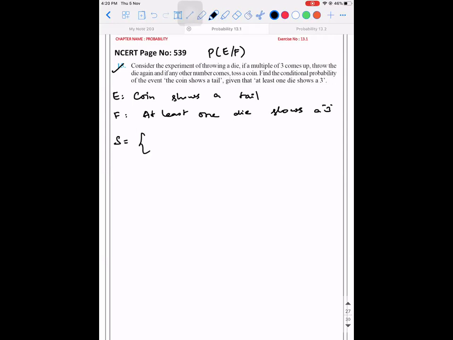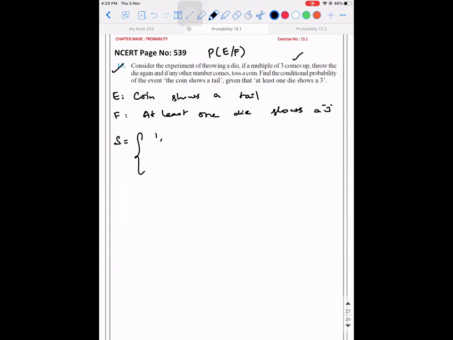So here, no other option. We have to write the sample space. Let's read the question again. If a multiple of 3 comes up, throw the die again, and you will stop with it. It's not like you're going to do it multiple times. There are only 2 steps. If any other number comes up, toss a coin. Let's say I get 1. I'm going to toss a coin.